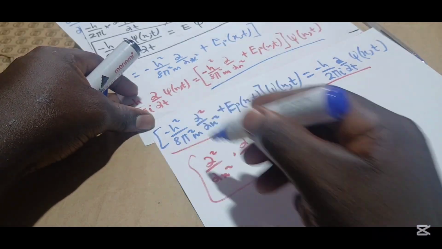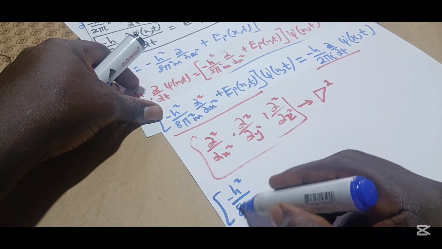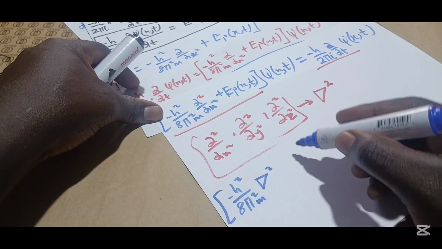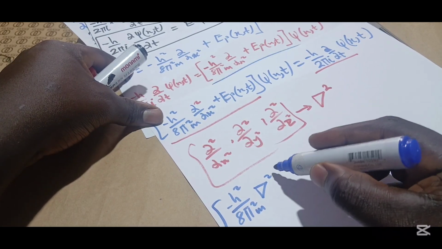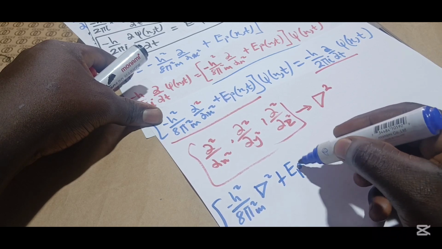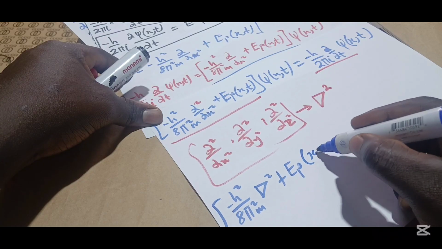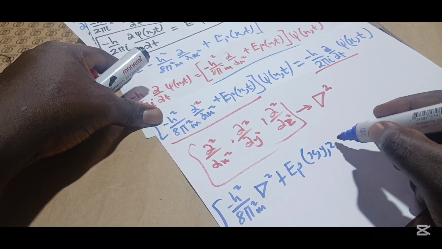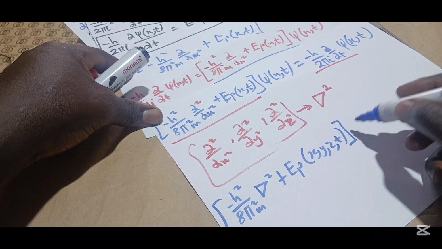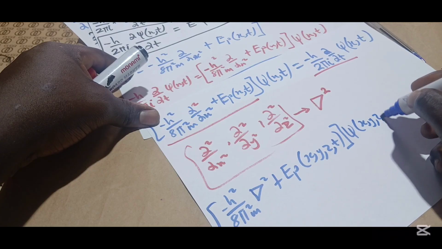We are going to get minus h squared over 8 pi squared m, the Laplacian operator squared, delta squared, and then plus EP, the potential energy of the system, also in terms of x, y, z, and t. And then the wave function here is also in terms of x, y, z, and t.